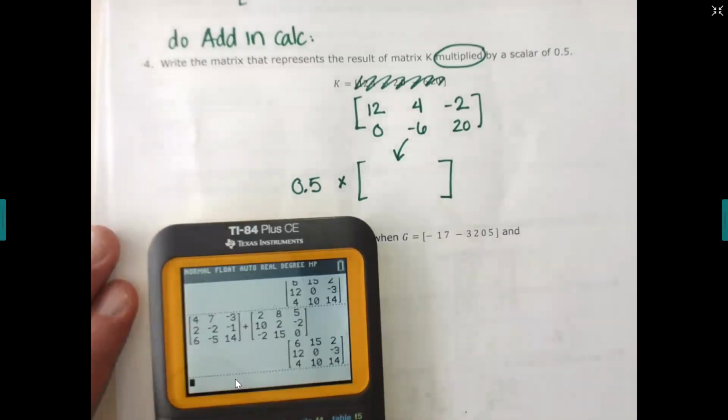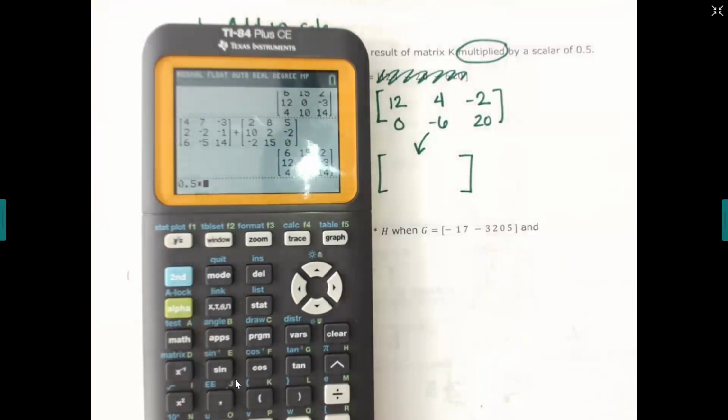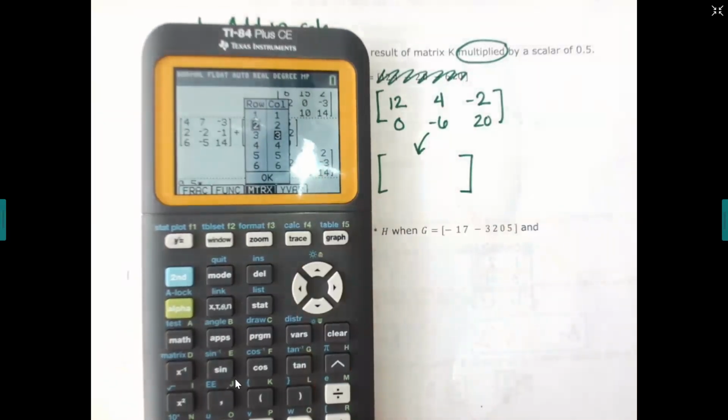So you're gonna go into your next line, you're gonna put 0.5 times. And then you're gonna input this matrix. Now remember, you have to match the size or it won't let you put the matrix in. So looking at this matrix, it was copied wrong, but hopefully we fixed it. How many rows? 1, 2, and how many columns? 3. So when I do my alpha zoom, I'm gonna have to change it to be a 2 by 3. Otherwise, when the matrix pops up, it's not gonna have the right size.